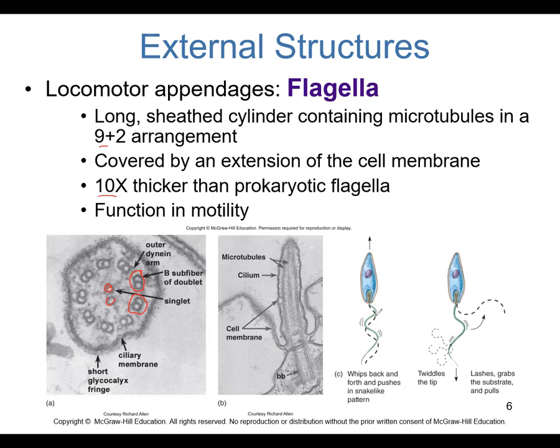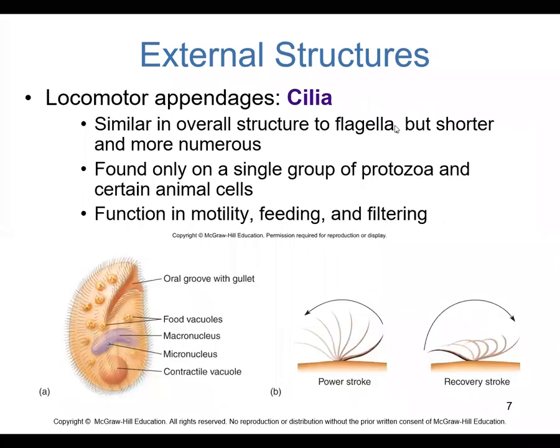You have the whipping back and forth ones, and then you have these that will swing forward, grab the substrate and pull it forward or push it forward. Similar to each other, but they are slightly different methods of using the flagella. But flagella are for movement.